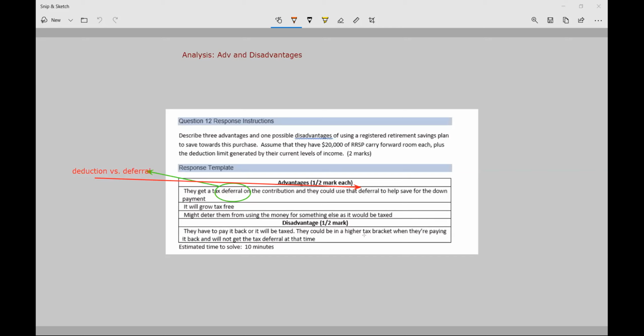Now, I do want to point to a common error, and this is not what happened with Chris's answer, but a common error here, and I find this is very normal with RRSP questions, would be to say they will get a tax refund that they can use to save. Is that a true statement? It might be, right?